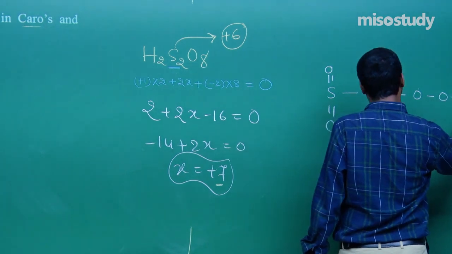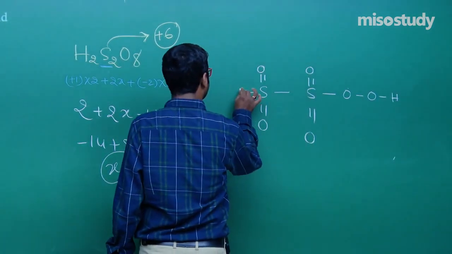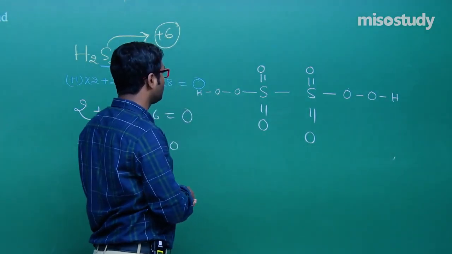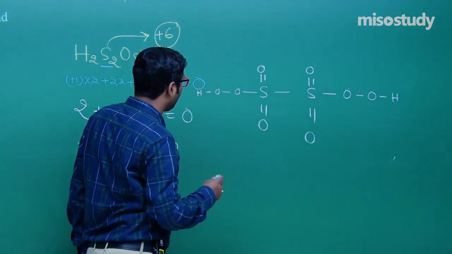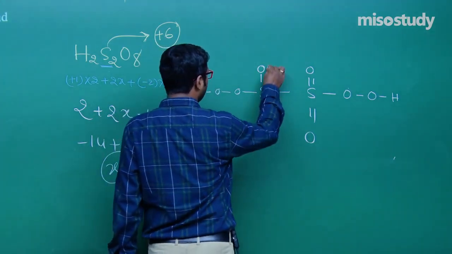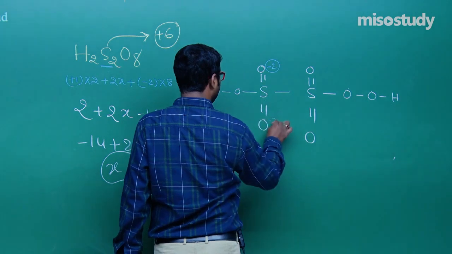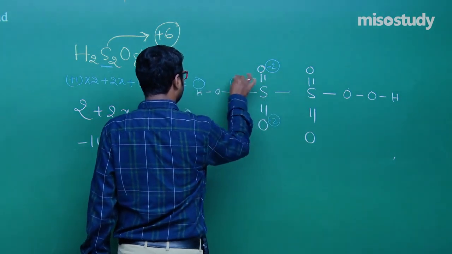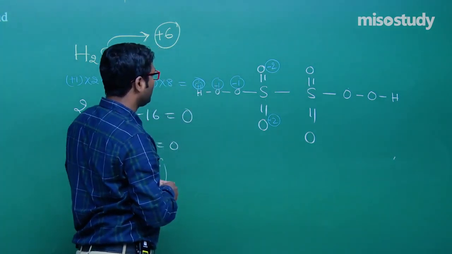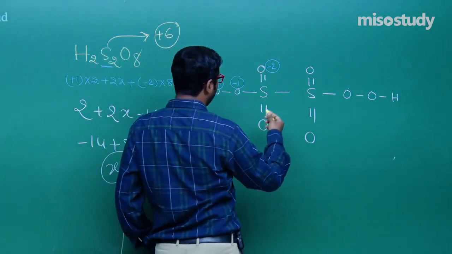Then O, then H, then O, then O, then H. Am I right or wrong? Check out by looking at this, or if there is a different structure. If I talk about this one, minus 2, minus 2, minus 1, minus 1, you can also check this one is plus 1. If I talk about this side, then what will happen in this case?